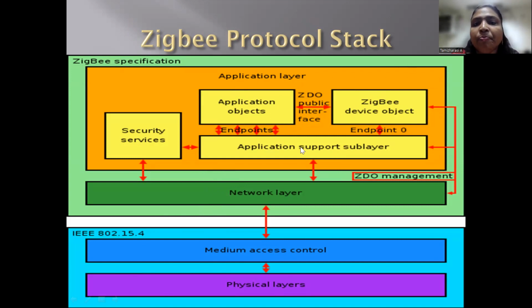You can see here Zigbee device objects and application objects, and the application support layer is connected with the objects. It also has security services. This protocol stack helps to provide modulation and demodulation of the data transmitted between the network, and it also helps with device configuration, device setup, etc.